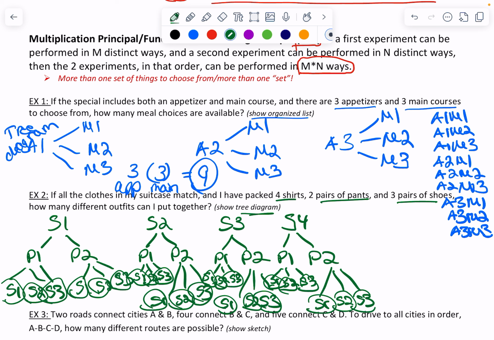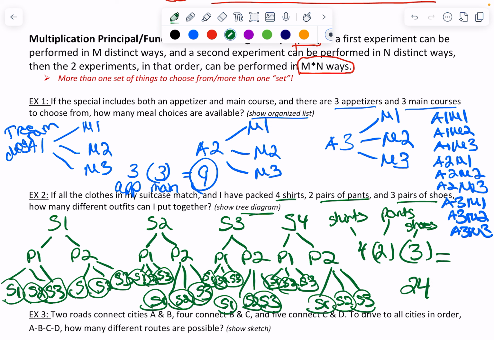But we could just do 4 times 2 times 3. These are the shirts, pants, and shoes. And we end up getting 24 outfits this way as well.